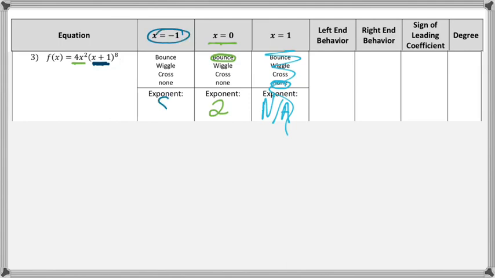Its exponent is 8. That's even, so it's a bounce. And so that degree is 10th. The leading coefficient on that is going to be positive. So it's positive, that's the football goal. All sorts of stuff may be going on in the middle of it, but the two ends are going to be going up.